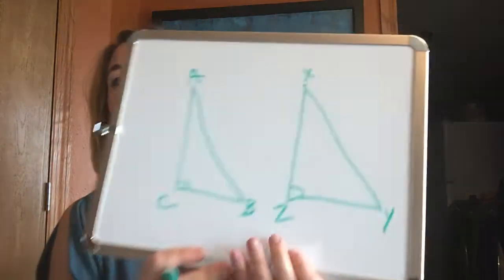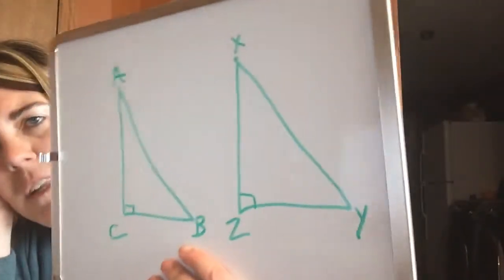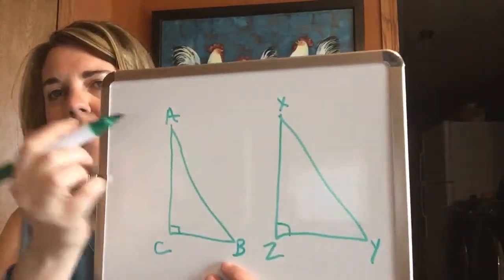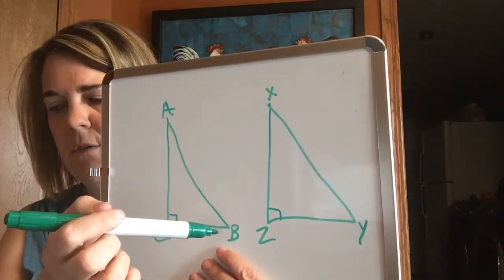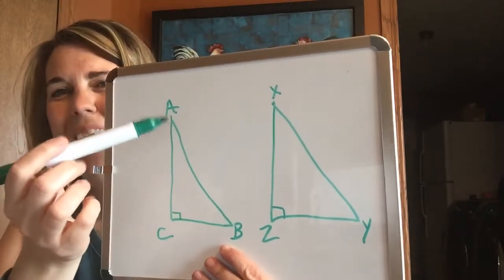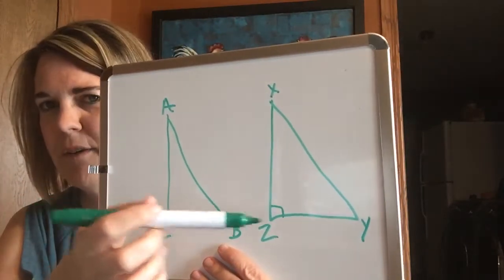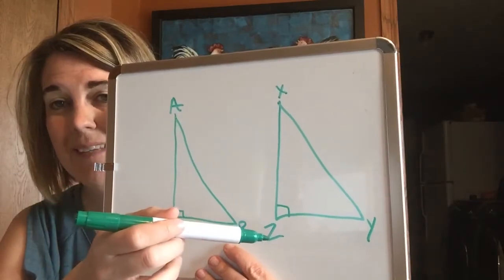This is a 90 degree angle. If I flip them over, I need to make sure that I label them correctly. Angle A corresponds to angle X. Angle B corresponds to angle Y, and angle C corresponds to angle Z.